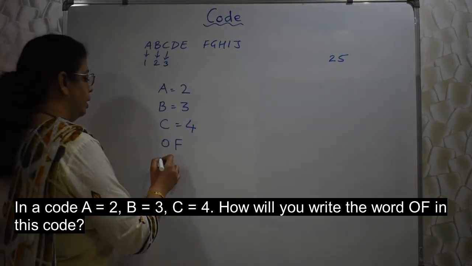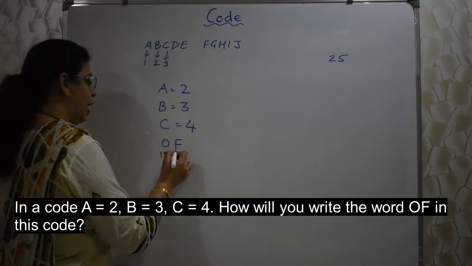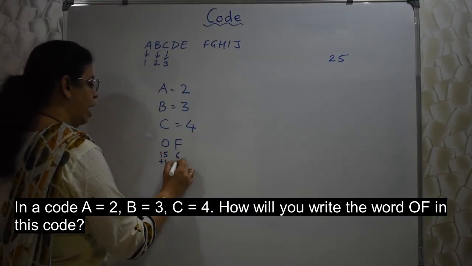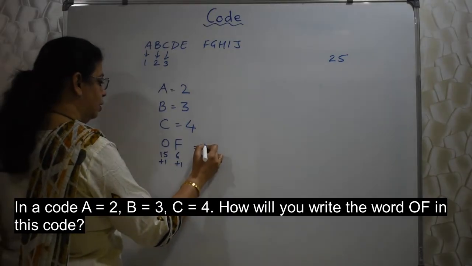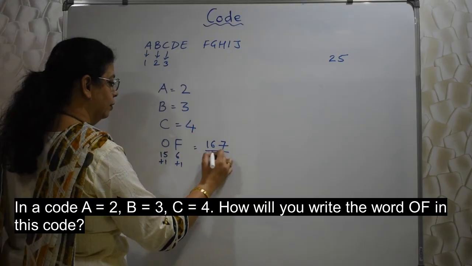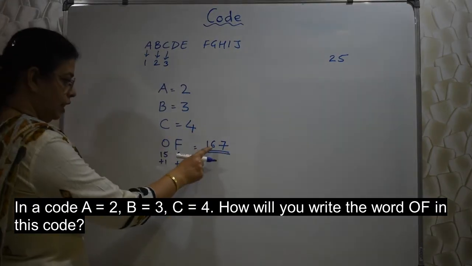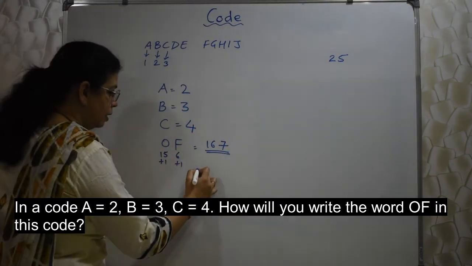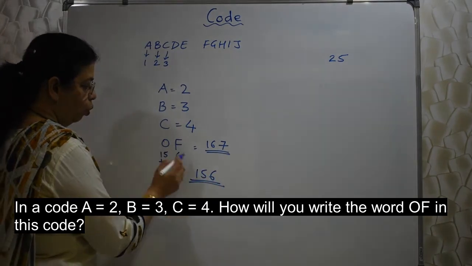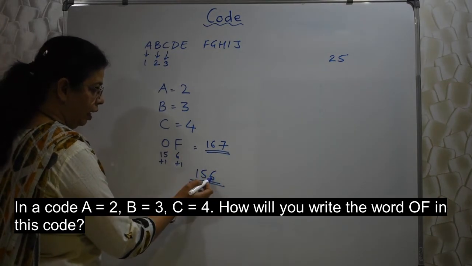O is 15 and F is 6. So we should add 1, add 1. So our code must be 16 and 7. O's is 16, there will be one of the options as 156 because O is 15, F is 6.